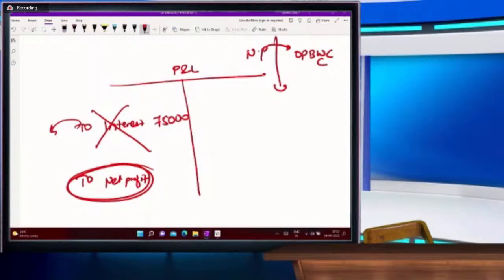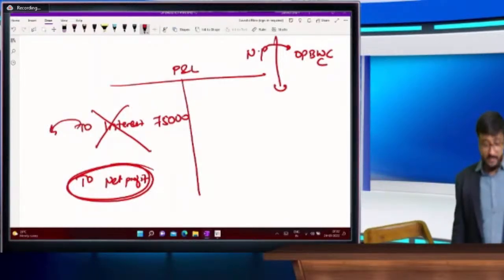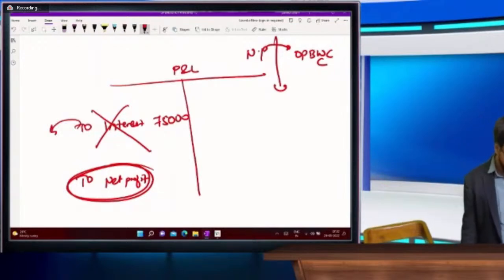We want to eliminate that interest. We deducted it before. So now we will add it for calculation of OPBWC. हाँ, नाउ प्रभास ने अच्छे से लिखा. ओके.